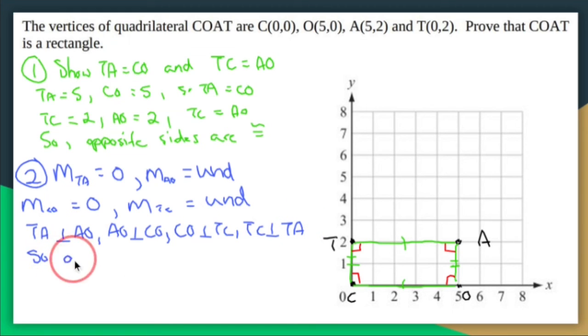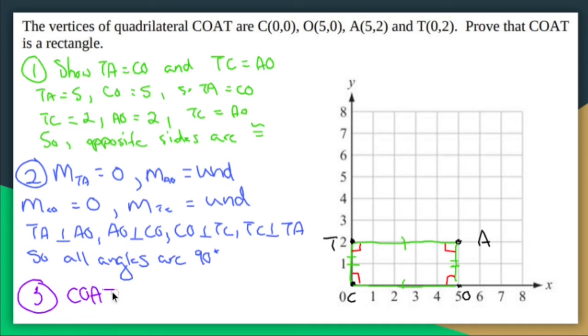So all angles are 90 degrees. Opposite sides are congruent. All angles are 90 degrees. Therefore, COAT is a rectangle.